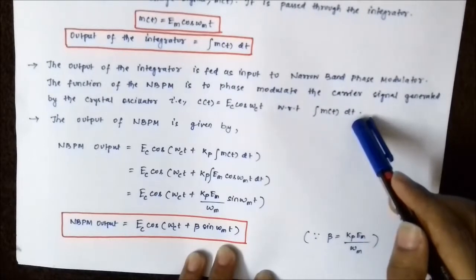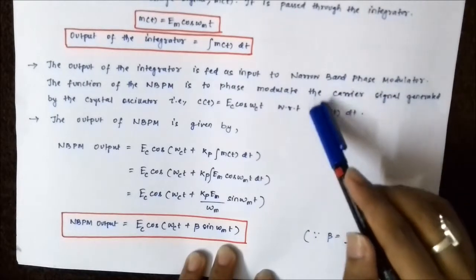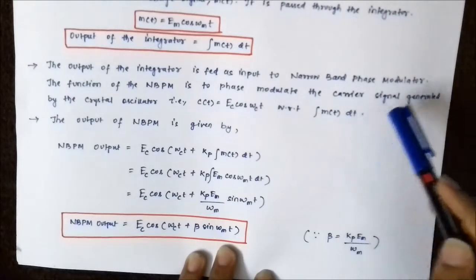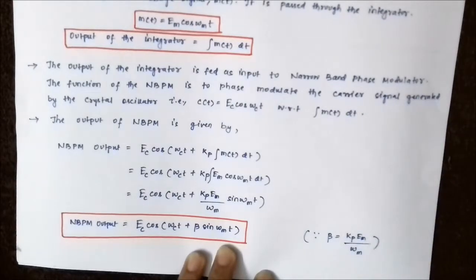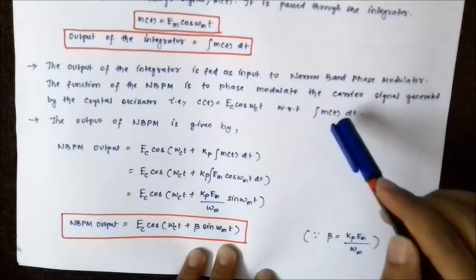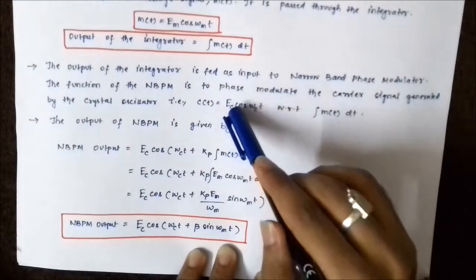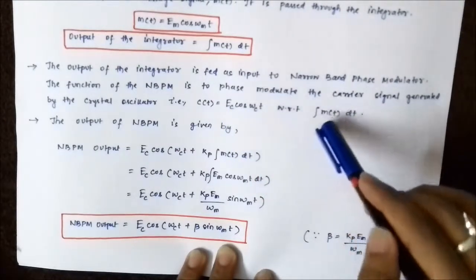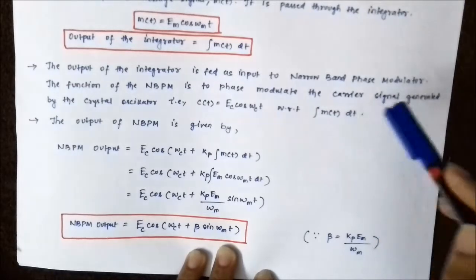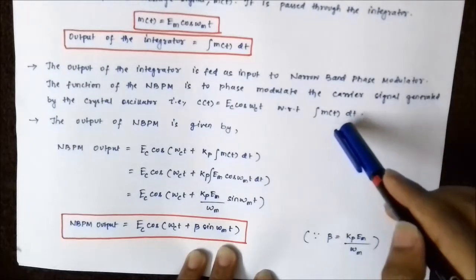So here the integration of the message signal acts as the baseband or modulating signal waveform to perform phase modulation. Please note, it is the critical part here. The message signal m(t) does not perform phase modulation, but the integration of the message signal, which is the output of the integrator fed to the narrowband phase modulator.